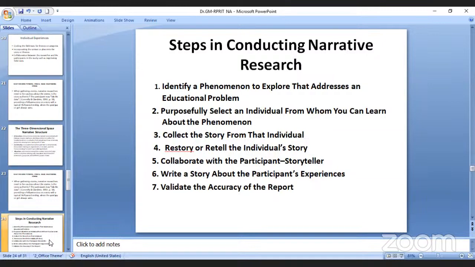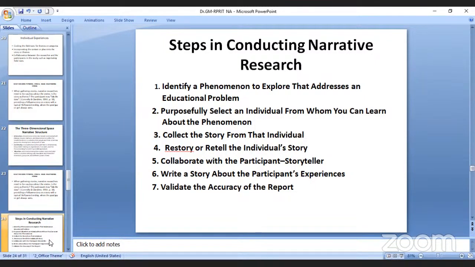You have to collect the story from that individual by interacting with the individual, by establishing good rapport with him. Then restory or retell the individual's story. If you listen to the individual's story, then sometimes you have to retell the story to him. Then he will add something new.